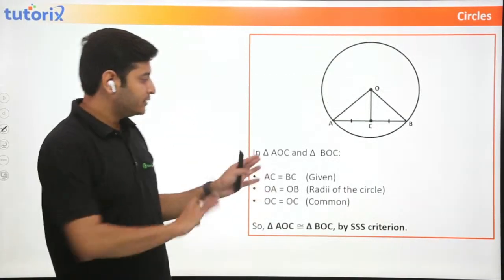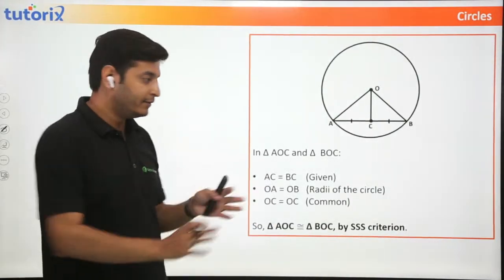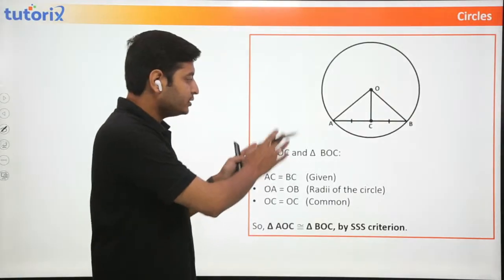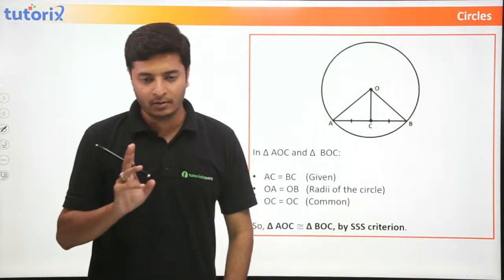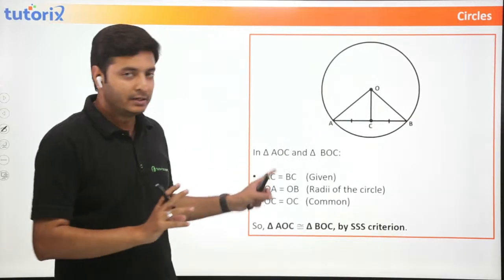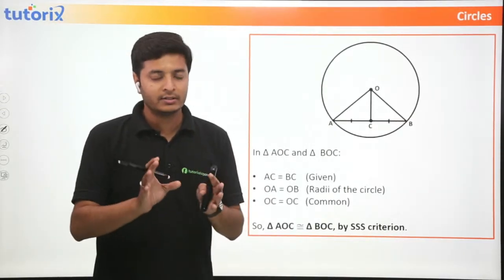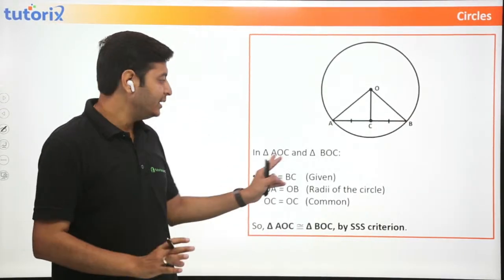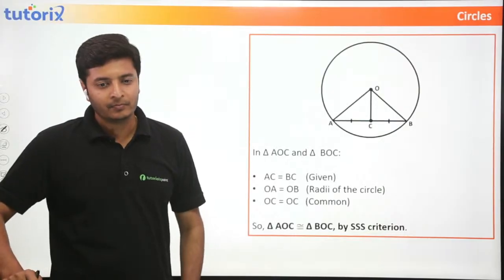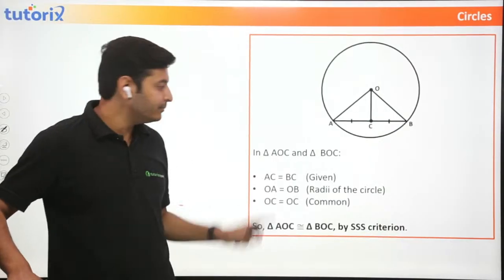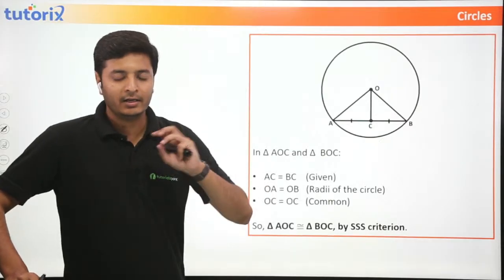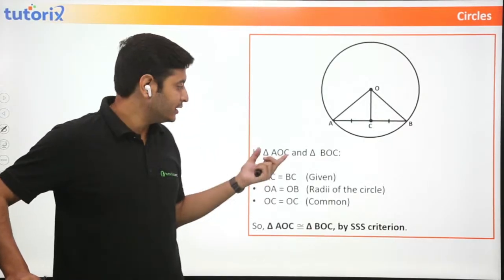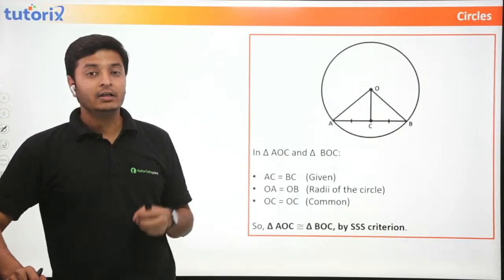Correct? So the same logic we are going to apply. You need to write everything like this in triangle AOC and triangle BOC. One thing that you need to be very careful about in congruence, in general, is the naming of the triangles. You can name them AOC and BOC only. You cannot randomly put the names, because the naming should be done very carefully.